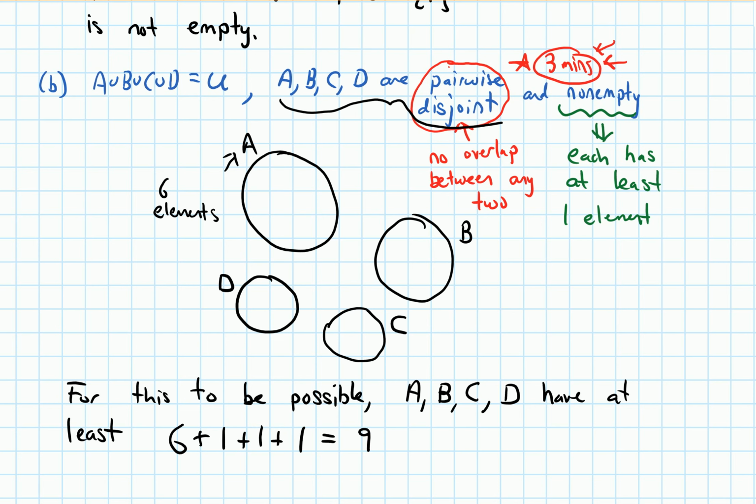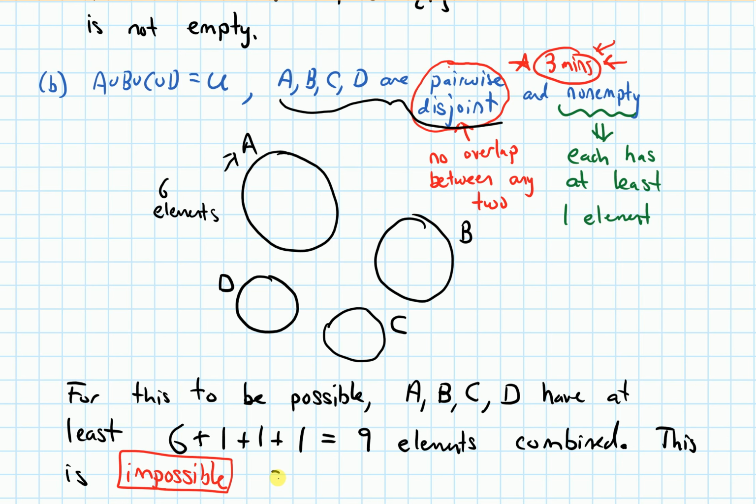So that adds up to 9. So 9 elements combined, I'm going to say. But that's impossible, since U, our universal set, only has 8 elements.